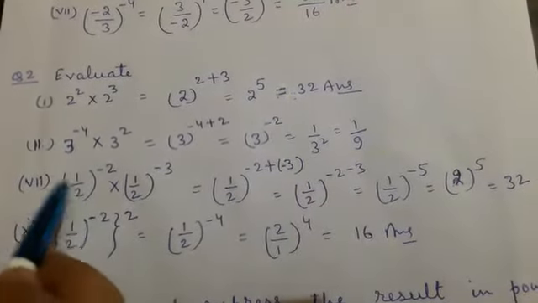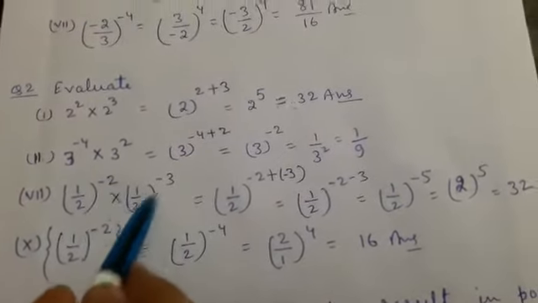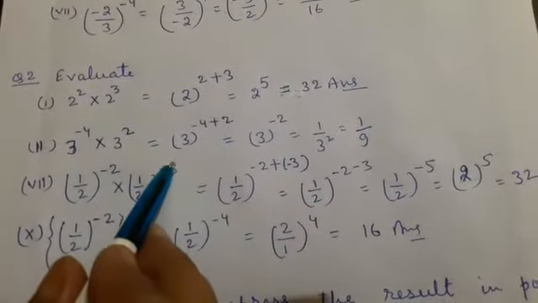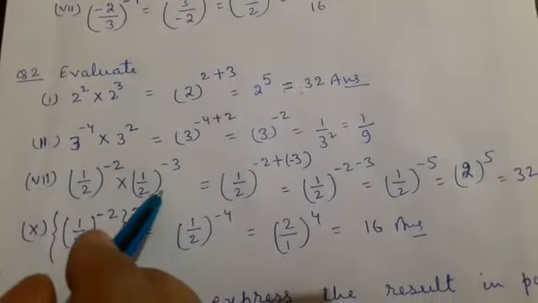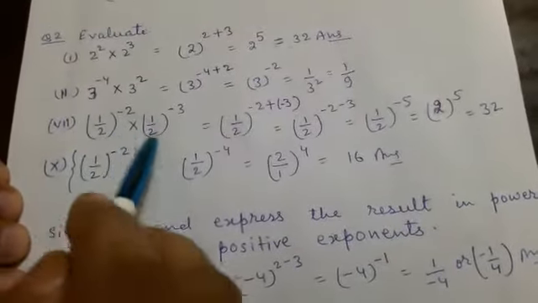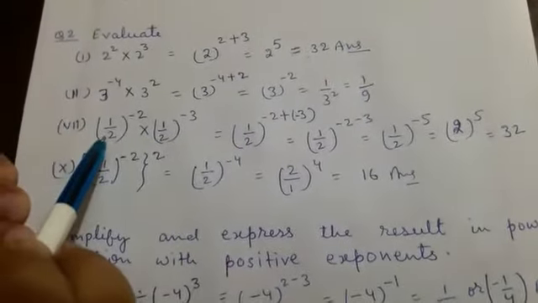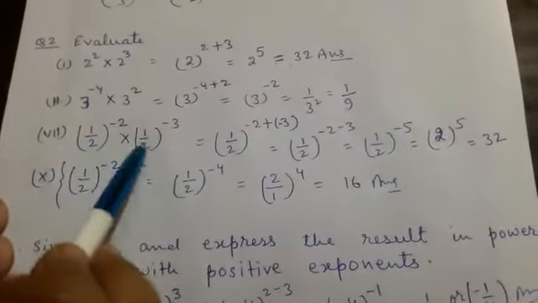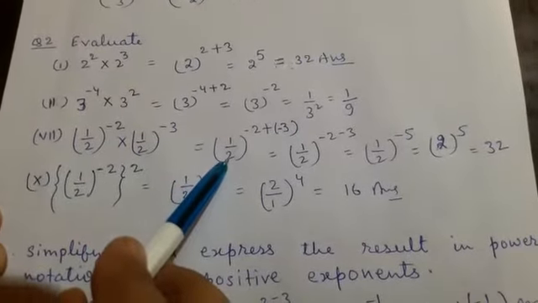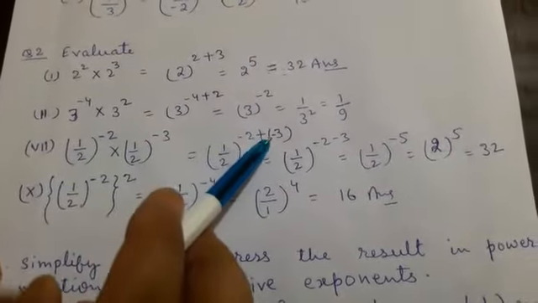Seventh part is (1 by 2) power -2 into (1 by 2) power -3. Now let us see how we'll solve this question. Both the bases have negative power, so first we'll reciprocate them. Or see, both the bases are same, so let us take their base as common, 1 by 2, and now we will add their powers, -2 plus -3.